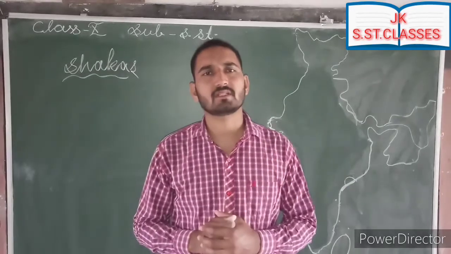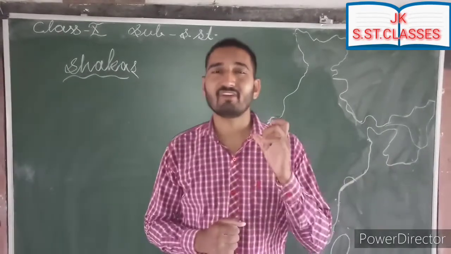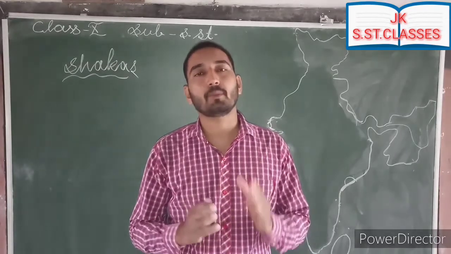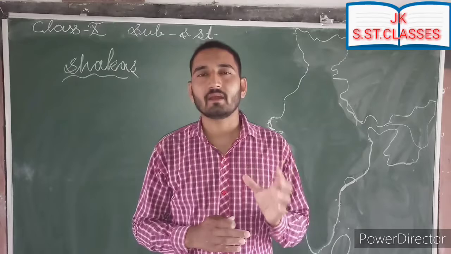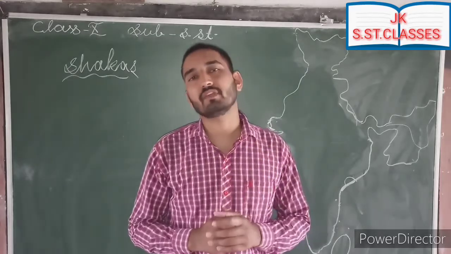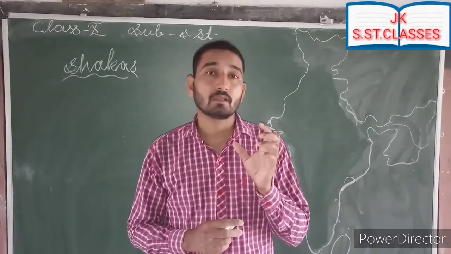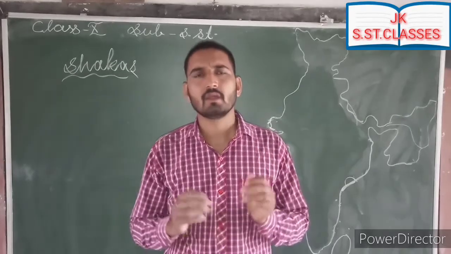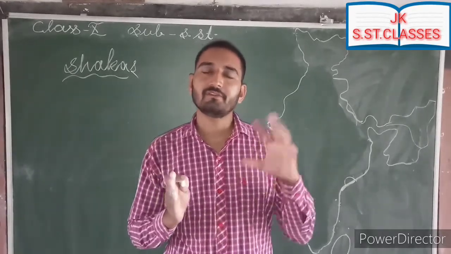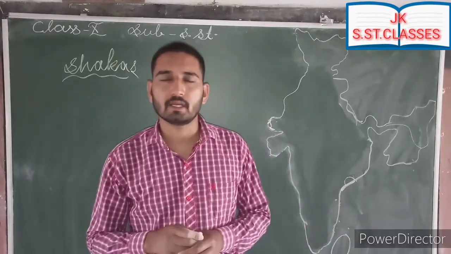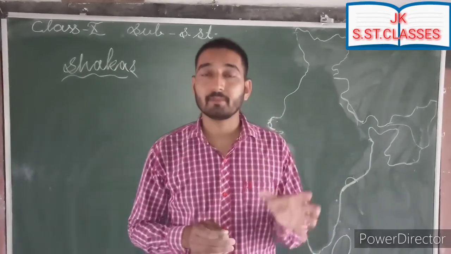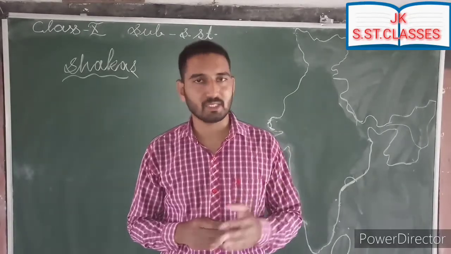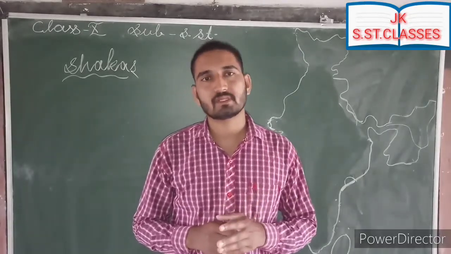After that, we discussed the Hunas under a very important topic related with the characteristic of Indian culture, which is the quality of assimilation. Means the different foreign tribes invaded India, and after that they became part of Indian culture, and this process is called assimilation. Under that topic, we discussed Hunas.